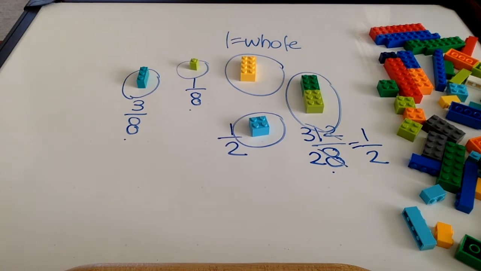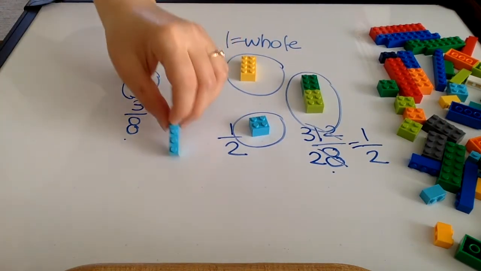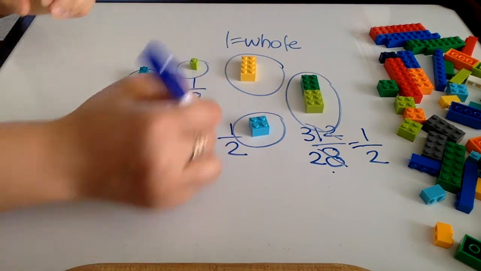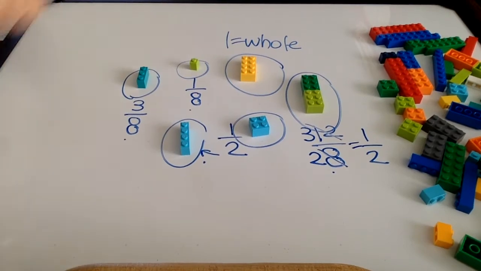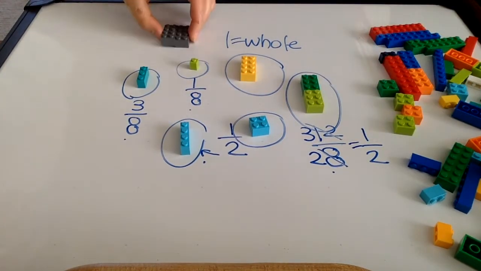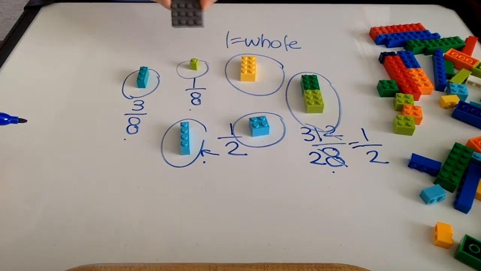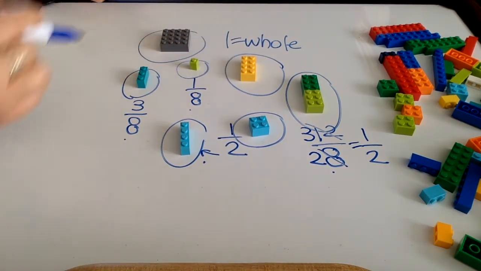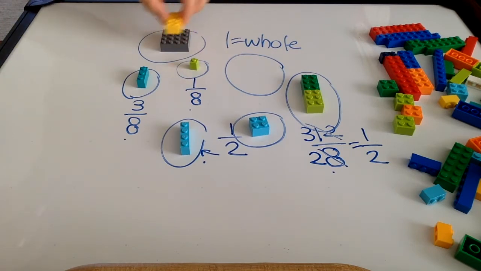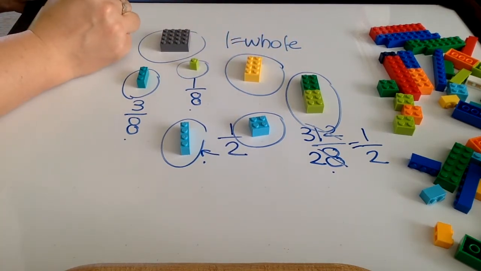And what else can I do? I can, for example, what about this one? Yep, I can fit 2 equal parts if I had 2 of those. So this is also my half. And what if I had that? If I had that, well, now I have 1, 2. I have now 2 wholes.